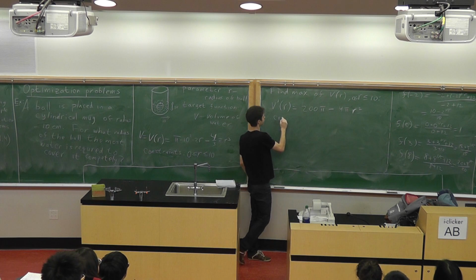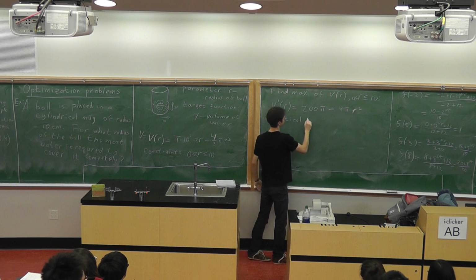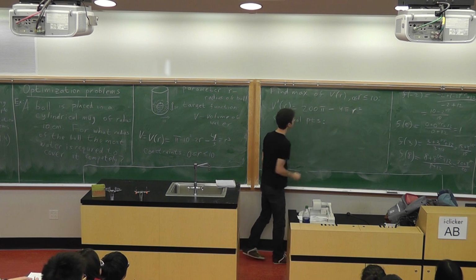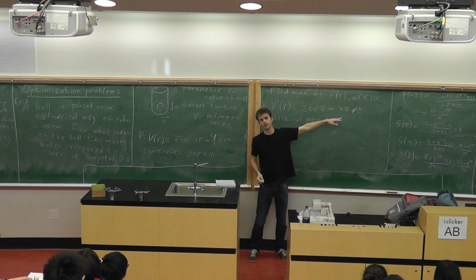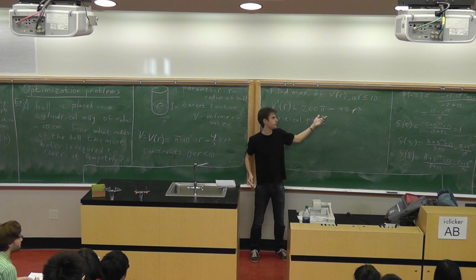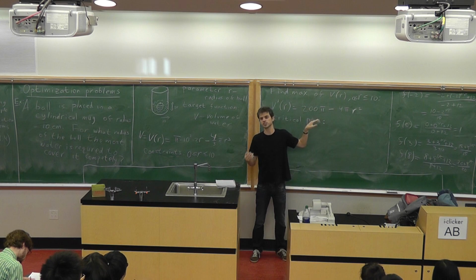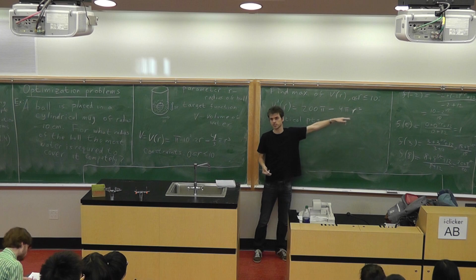Critical points. Critical points happen when this thing is equal to 0. I mean, it could happen that a critical point is where the derivative is 0 or doesn't exist, but in this case it will always exist.